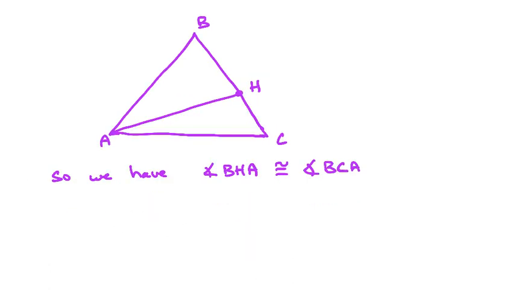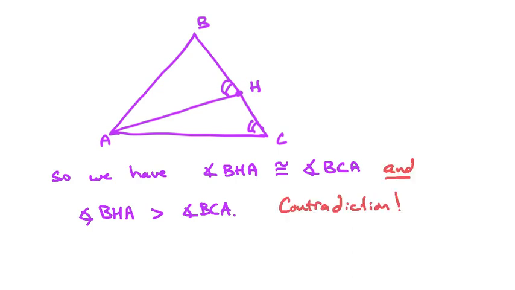So now we have that our angle BHA is congruent to our angle BCA, and we have that angle BHA has to be greater than angle BCA. Once again, giving us a contradiction. And so what went wrong was our initial assumption, so point H cannot actually exist.